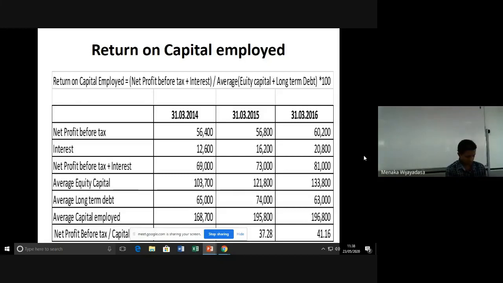They say term loan 50,000. Therefore, to calculate the average, 80,000 at end of 2014, beginning 50,000, altogether 80 plus 50, 130,000, divided by 2, 65,000, right? That is how you calculate the 2014 average long-term debt.